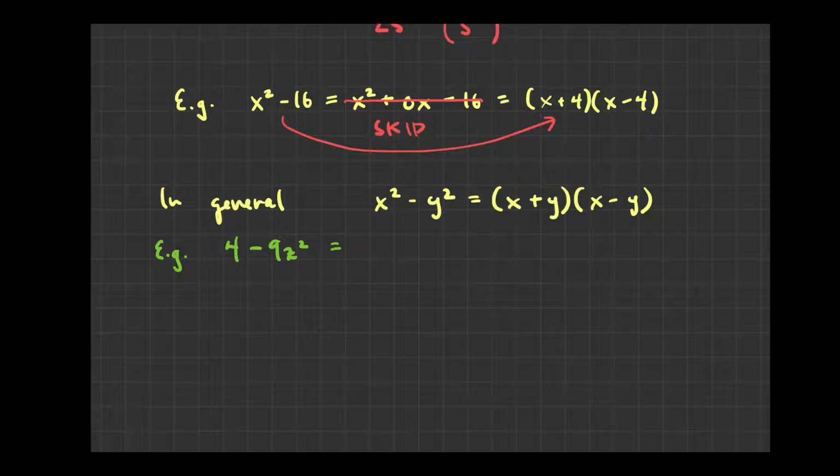I take the square root of 4, which is 2, and then write plus 3z, because that's the square root of 9z squared. And I've got 2 minus 3z. This one's right out of the book, number 11E on page 167.